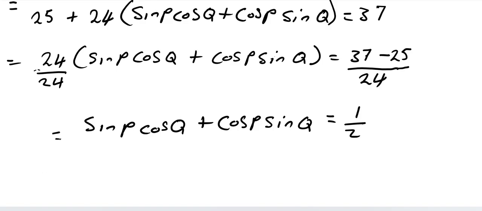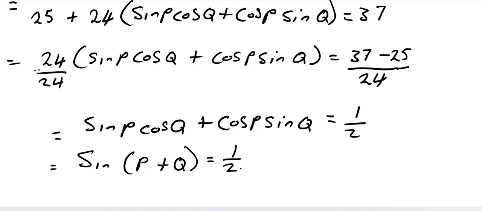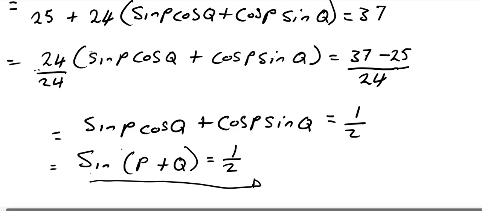It's the same as sine of p plus q, which is equal to 1 over 2. So we have proved that sine of p plus q is equal to 1 over 2. This is our answer.